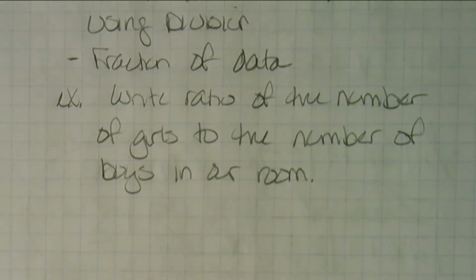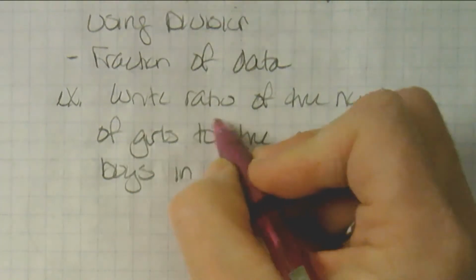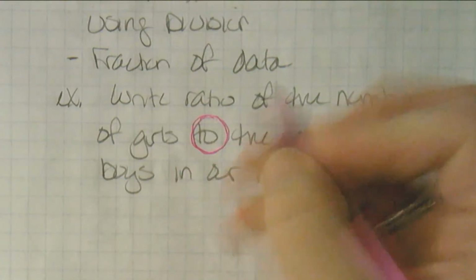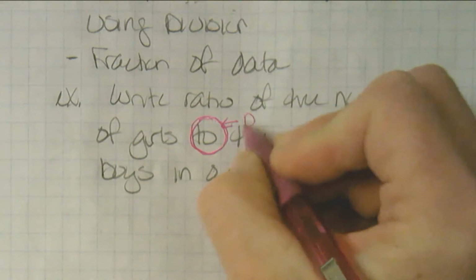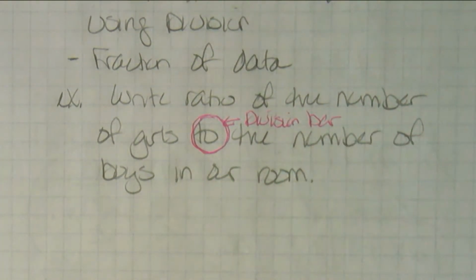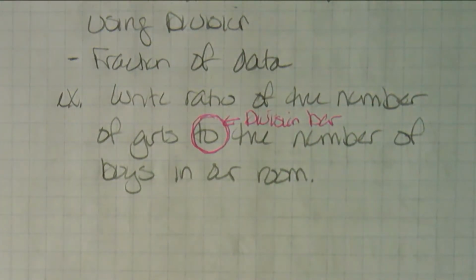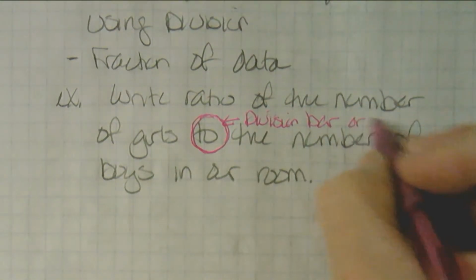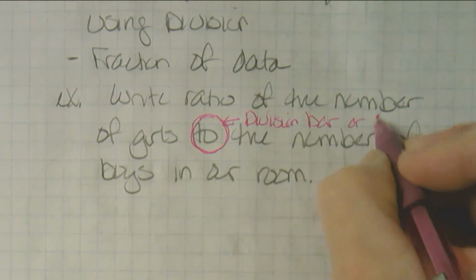All right, this 2, that is our division bar. That 2 is our division bar. Or, if we wrote it with a colon, it's our colon.